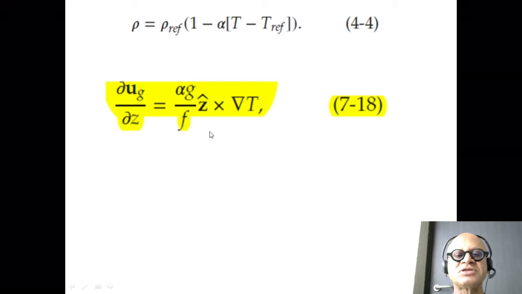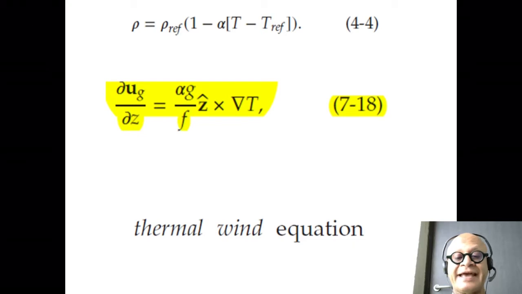So UG was 1 over rho F dP dx minus 1 over rho dP dy, and V was 1 over rho F dP dx, right?